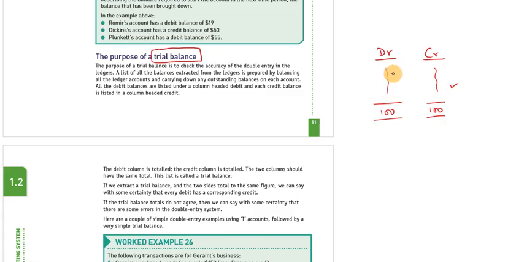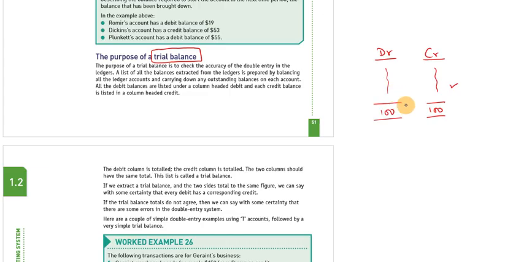So we have posted correctly from ledgers to the trial balance. This is the main purpose of trial balance. It's a confirmation that we have correctly transported the values from ledgers to trial balance.